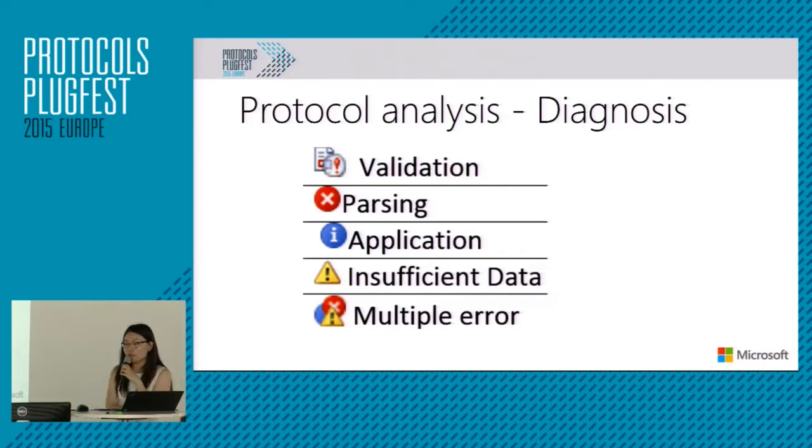Okay, another very important point of the parser and Message Analyzer here is that it can show you how to diagnose the traffic. So we provide about four kinds of different diagnosis information on the UI so that you can easily understand what's going on and what is not quite correct on the line.